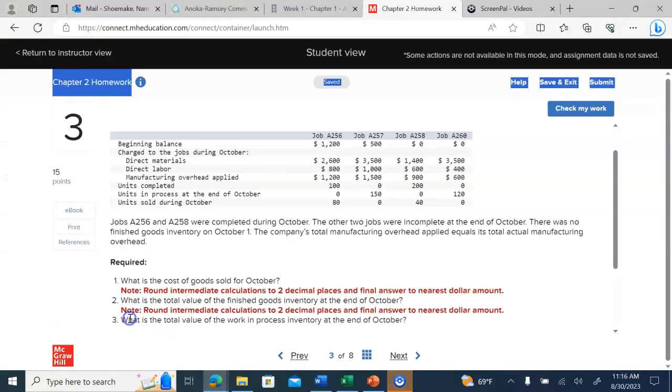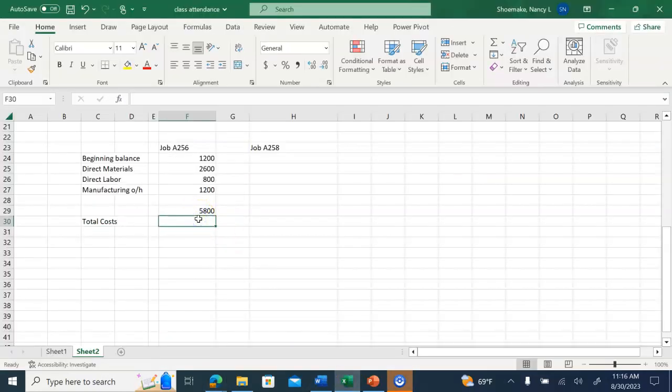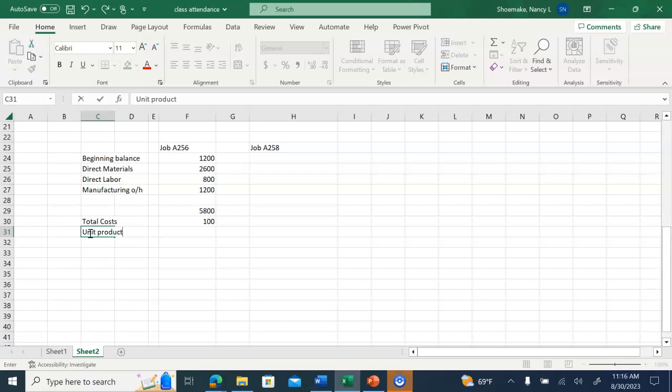And we did how many units? We completed 100 units, right? So unit cost would be 5,800 divided by 100, or 58 bucks a unit, wouldn't it?